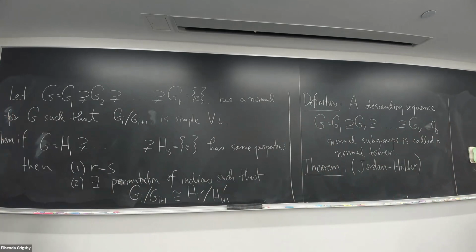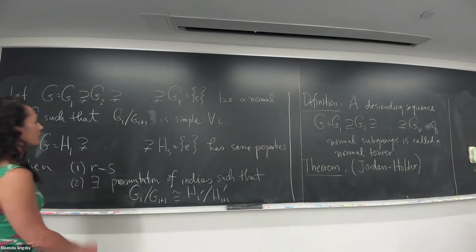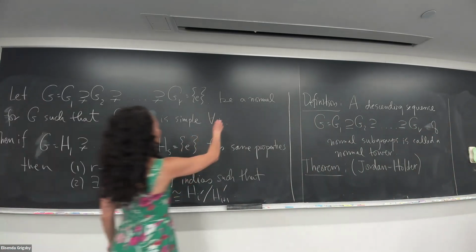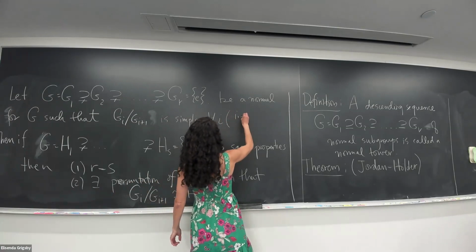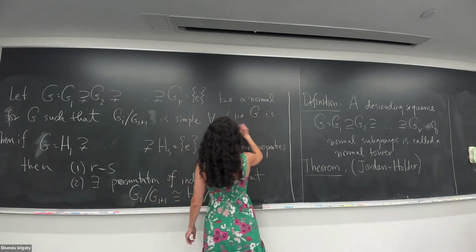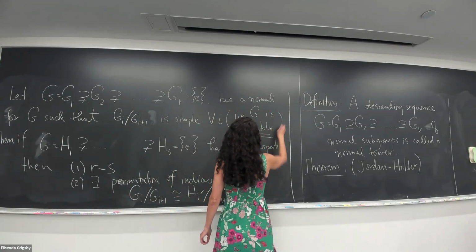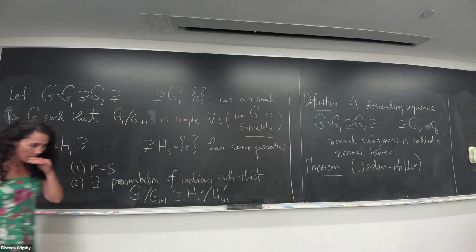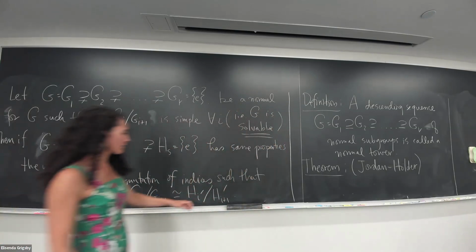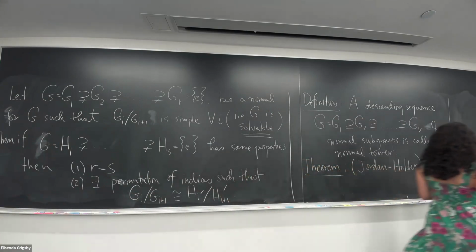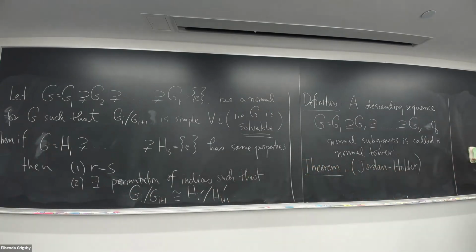If you have the property that you have this finite tower, groups that have this property are called solvable. They have these finite normal towers, and these quotients are simple.